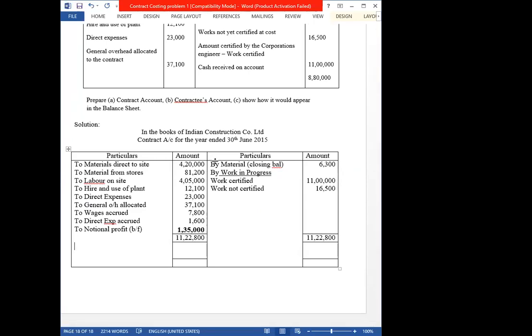Till then, we cannot consider the entire profit as profit. So you are giving the name notional profit. And out of this, a certain percentage you can transfer to P&L account, and the remaining you can transfer to reserve. That too, this reserve belongs to only this contract, and this reserve cannot be considered as a normal reserve which you can show in the liability side.